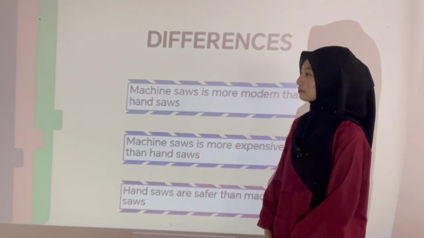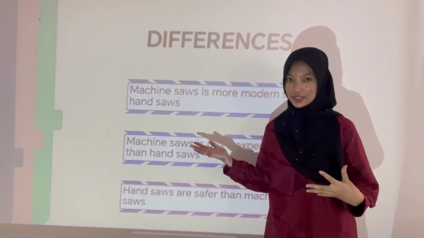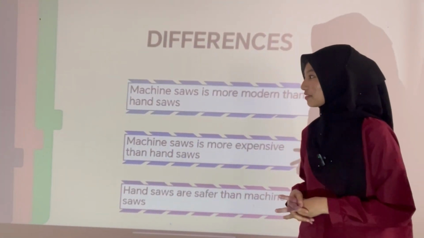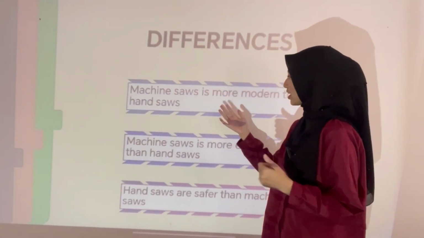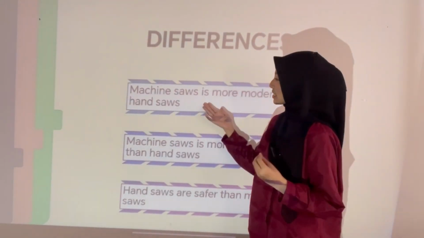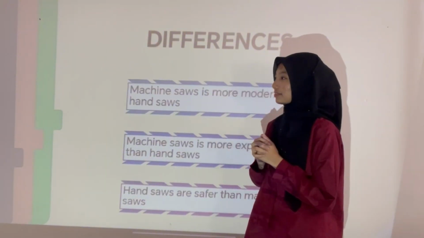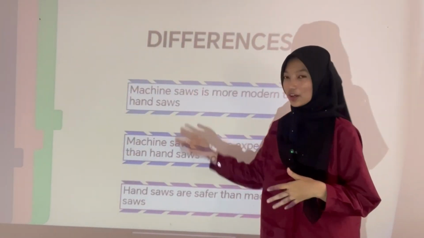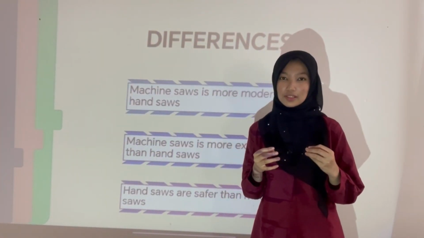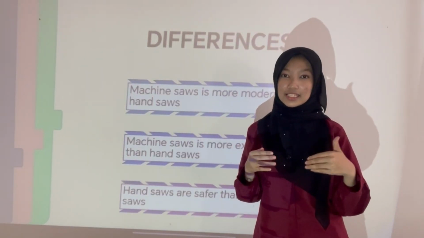Now, I want to tell about the differences between the machine saw and the hand saw. First of all, the machine saw is more modern than the hand saw because the machine saw uses electricity and the hand saw is traditional and simple.